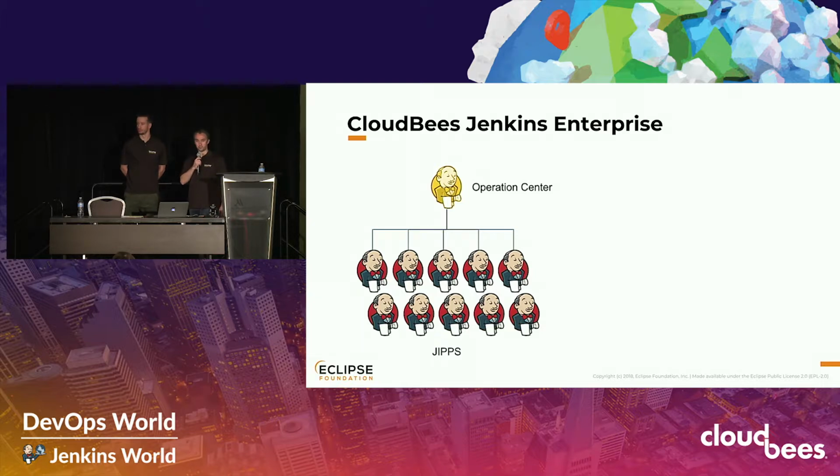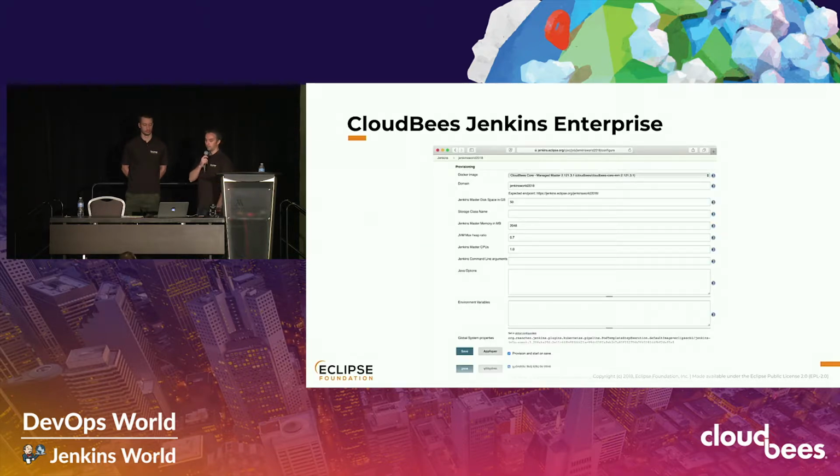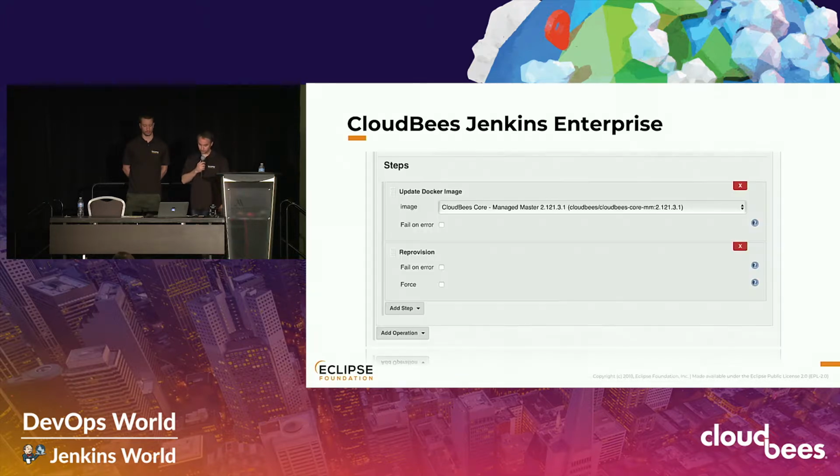From this operations center, you can execute different operations on all or a given number of masters. From there, you can also provision your master. Here you get a screenshot of the provisioning UI. As everything is running in Kubernetes, you will see some Kubernetes concepts. But still, you can see that from a single UI, you can create a new instance very easily.